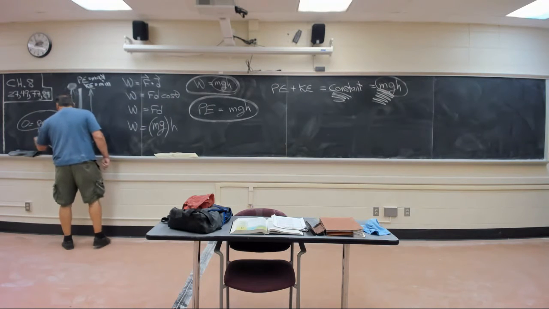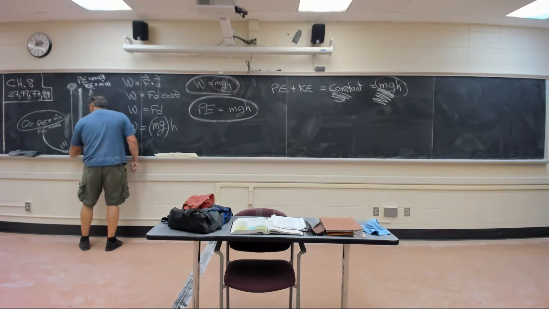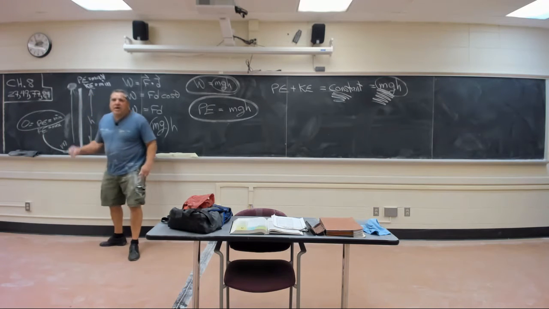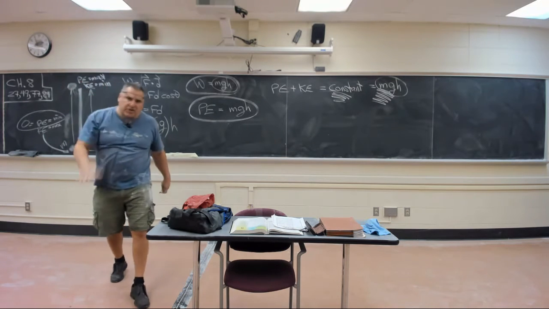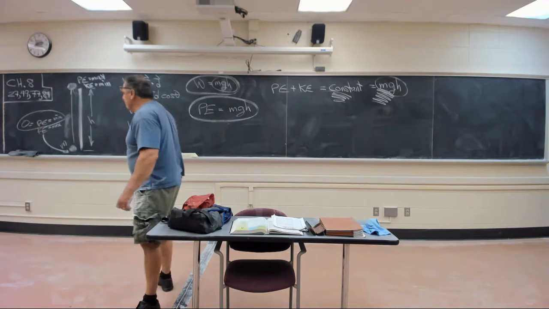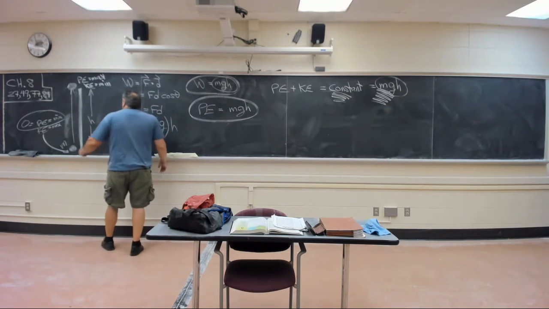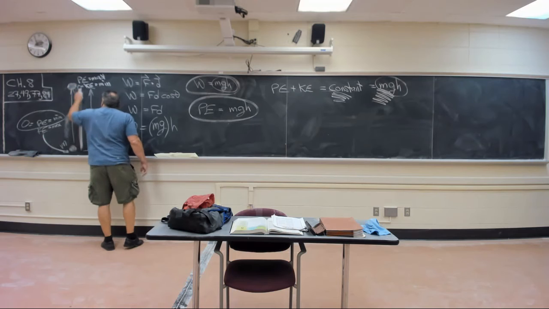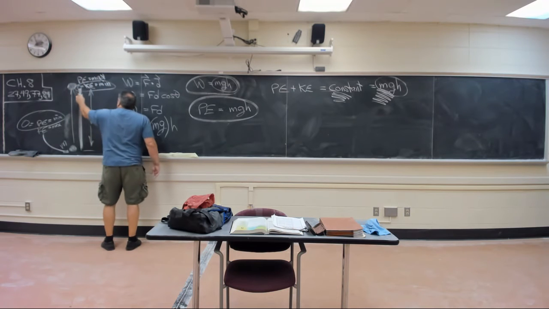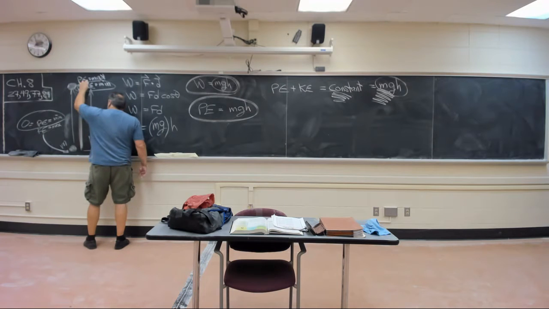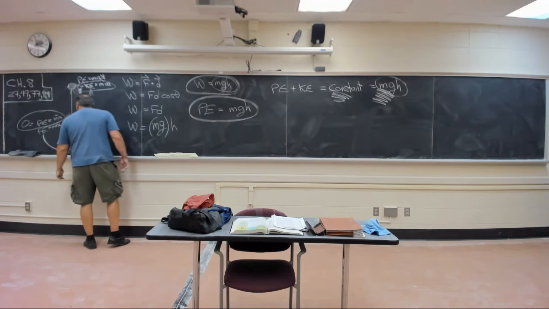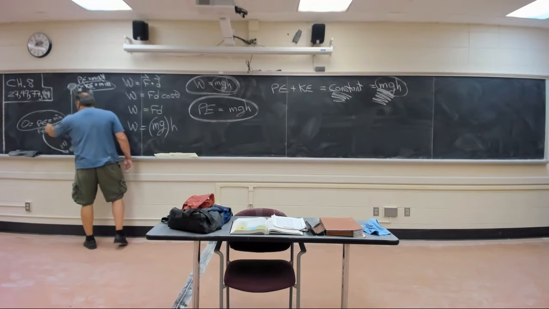There's no stored energy right here. Everything's uncorked, and it's all kinetic energy down at the bottom. Up top, the kinetic energy is 0, a min, and the potential energy is a max. Here, the kinetic energy is a max, and the potential energy is 0.